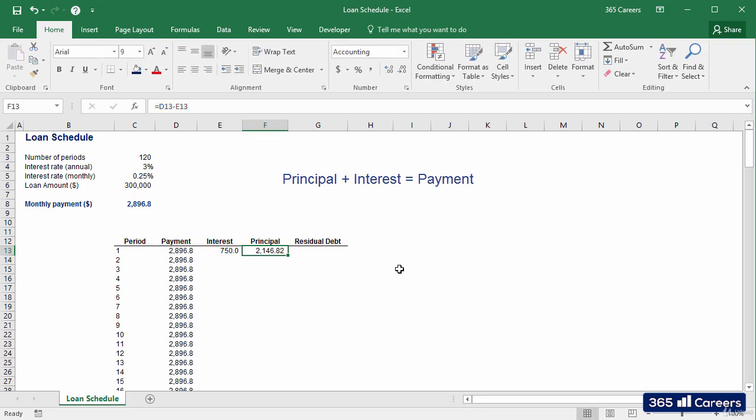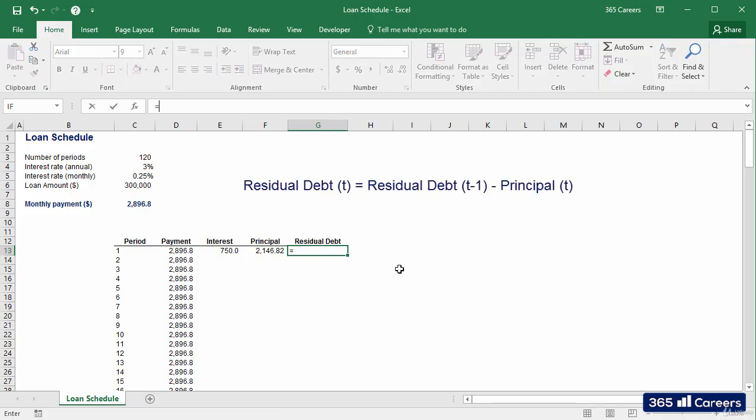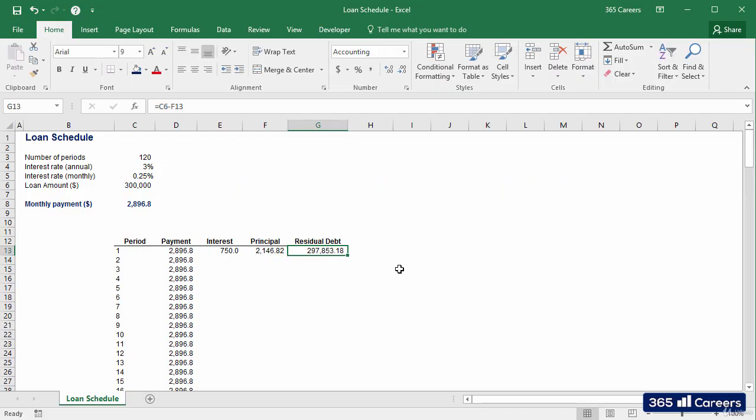In the last column, we can calculate the residual debt that remains after this payment. Good. Let's do the same thing on the row below. I'll multiply the interest rate by the residual debt, fixing the cell references of the interest rate.